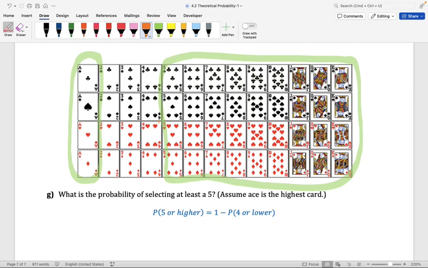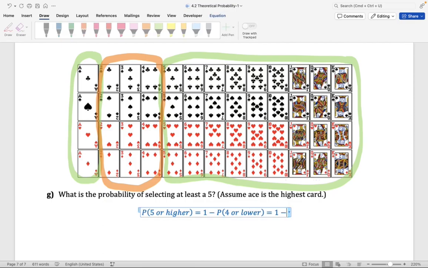Now the complement of that is 4 or lower. Here you have an example where you're going to count less if you use the complement rule. The probability of 4 or lower is how many cards do we have that are lower than a 5? Well, we have a total of 12 cards, so that is 12 divided by the total cards in the sample space, which is 52.